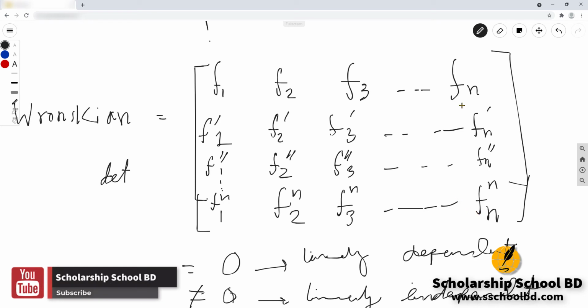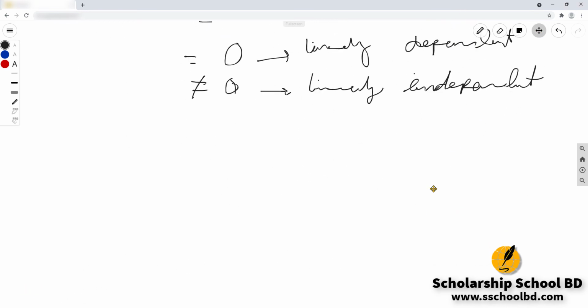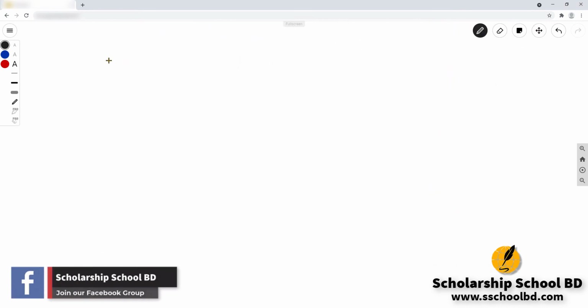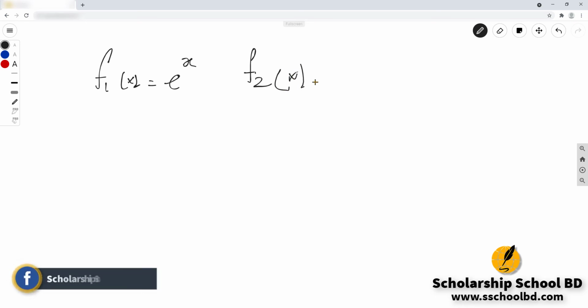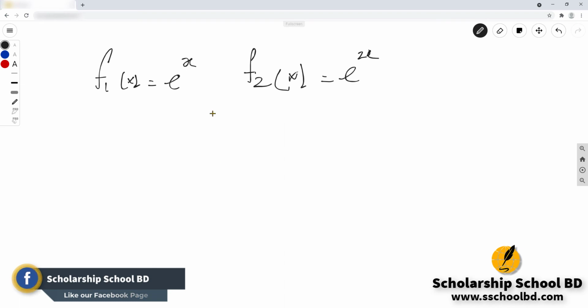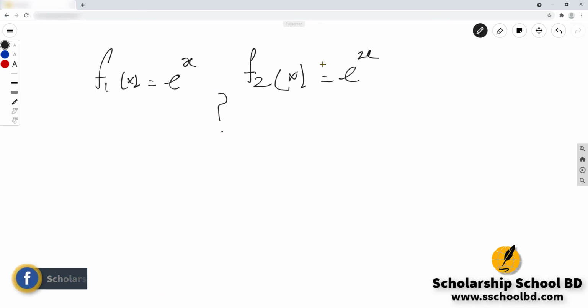All right? So you have a tool, the Wronskian matrix. Let's see an example. Imagine f1 is a function given by e to the power x, and f2 is a function given by e to the power 2x. Now, in order to find whether these two functions are linearly dependent or not, you simply take the Wronskian matrix.